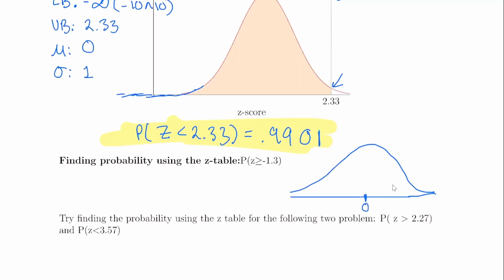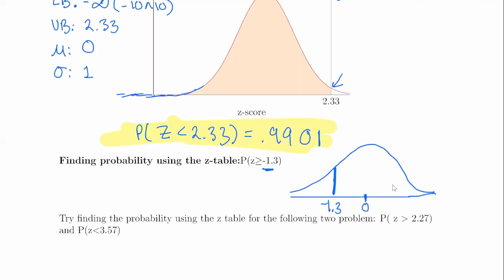The middle right here, if you look at it, this is negative 1.3. So that means it should be somewhere here on the left-hand side. So put negative 1.3. Just remember the reason why I put 0 in the middle is because that's our mean. It can help you determine if the z-score should go on the left side or the right side.